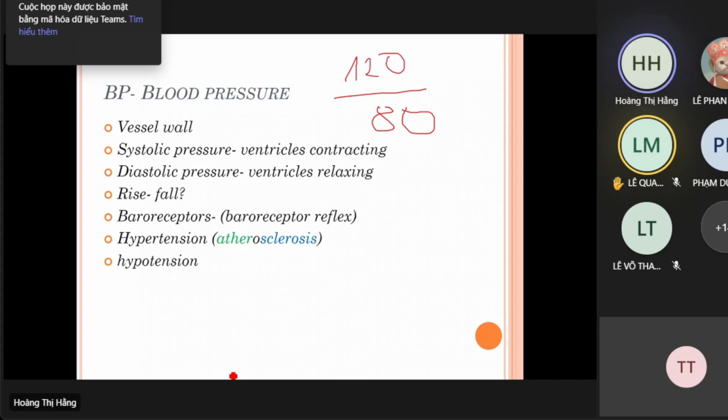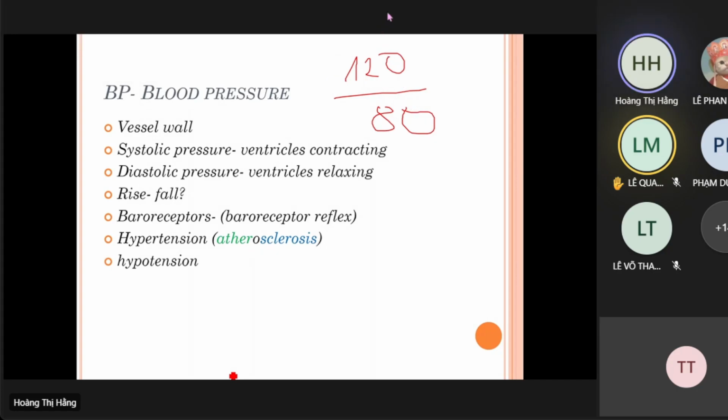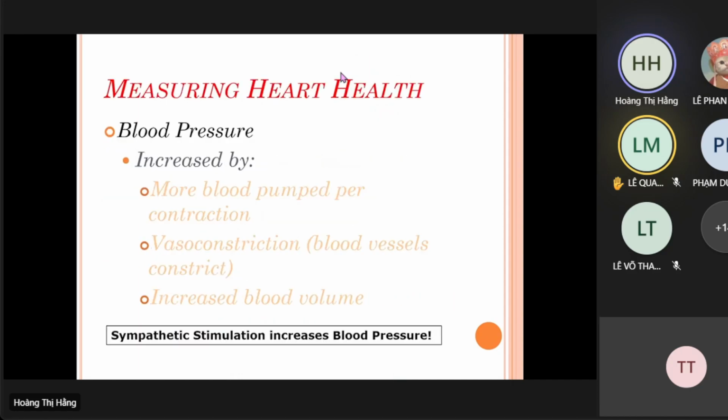Thì cái phần này cô không có dạy, các bạn về nhà tự đọc cho cô. Rõ chưa nào? Maintaining homeostasis, blood pressure. Cái phần mà it is very important for the body to maintain constant blood pressure to ensure gì đó. Cô nhắc lại, các bạn về nhà tự đọc cho cô ha. Hypertension còn gọi là high blood pressure. Rõ chưa nào? Bây giờ mình sẽ làm cái comprehension check này giùm cô.